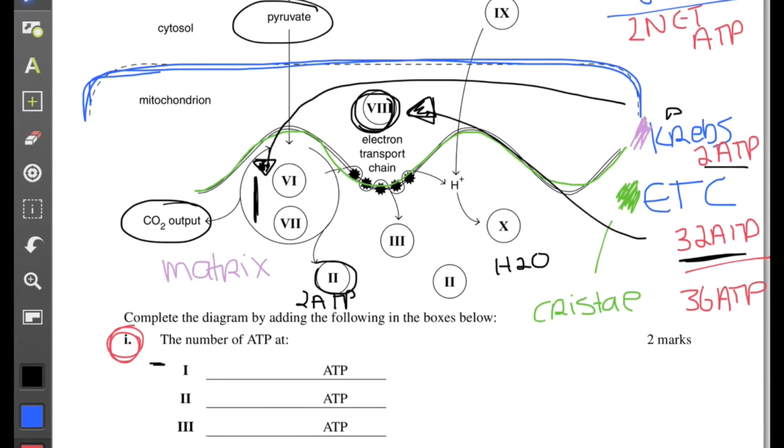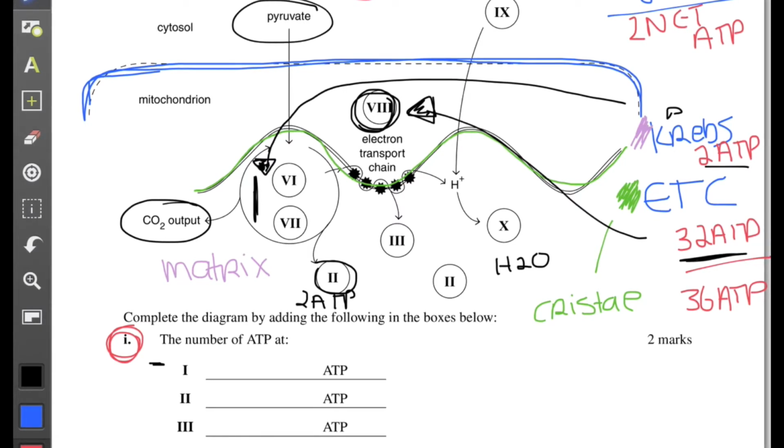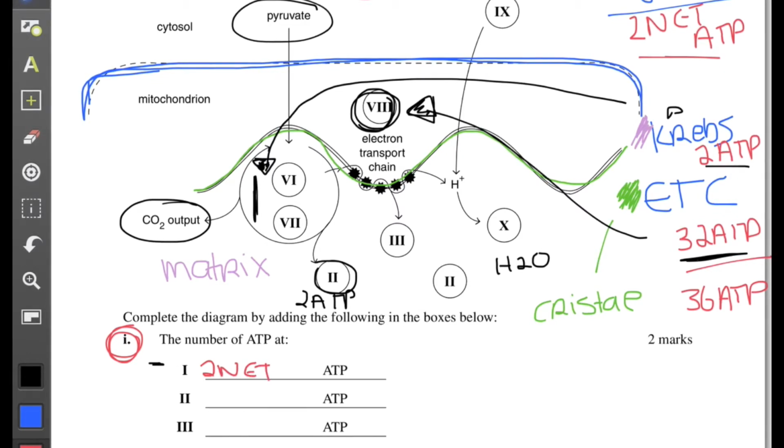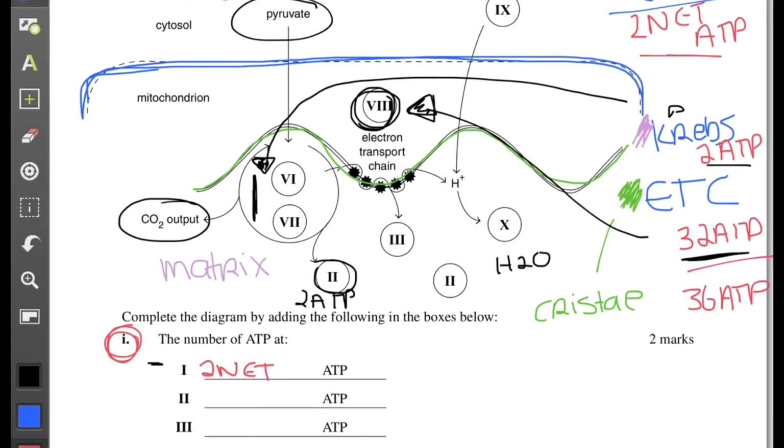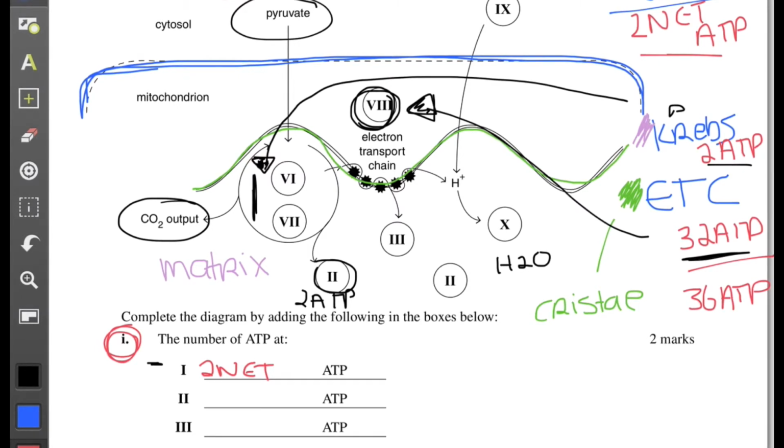So I here, remember, it's 2 net ATP. Because how many did we require in the first place? Over here it's not asking you, but we required 2 ATP which gave us 4 ATP. But because we started with 2, we created 4, we now have 2 net ATP.